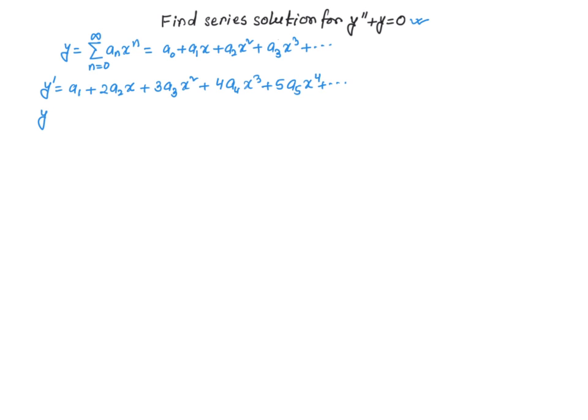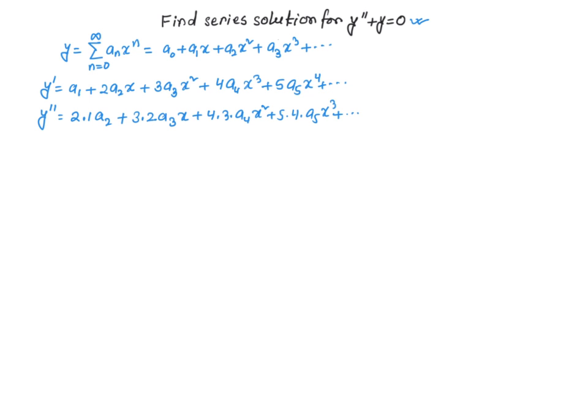Then I could do the double prime. That's going to be equal to 2 times 1 a sub 2 plus 3 times 2 times a sub 3 x plus 4 times 3 times a sub 4 x squared plus 5 times 4 times a sub 5 x cubed plus dot dot dot.